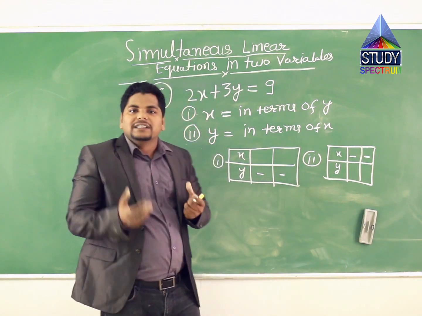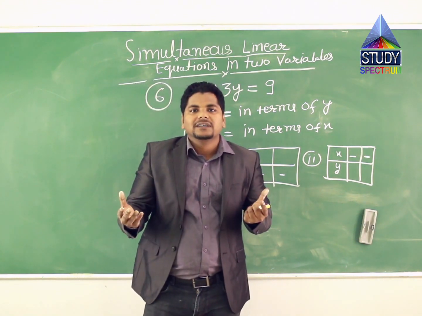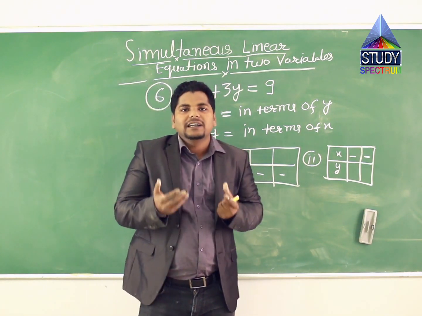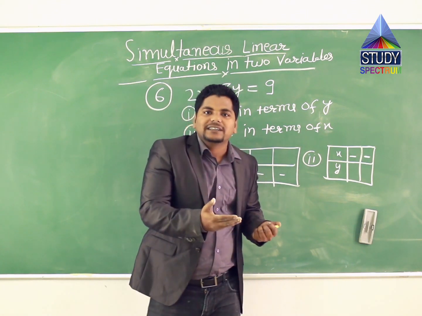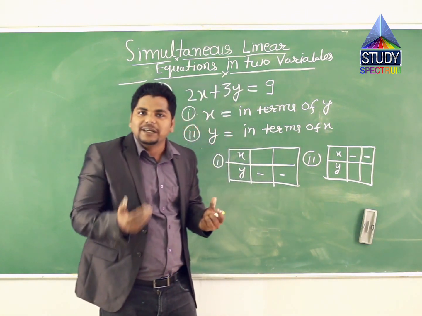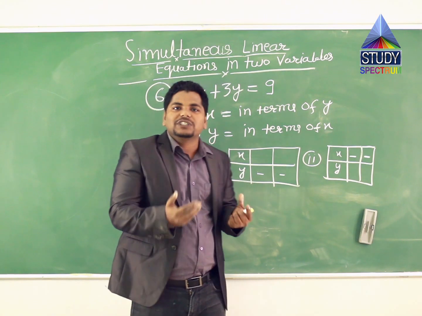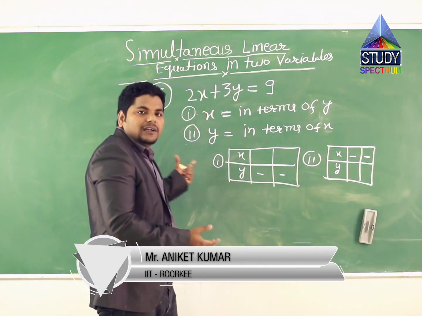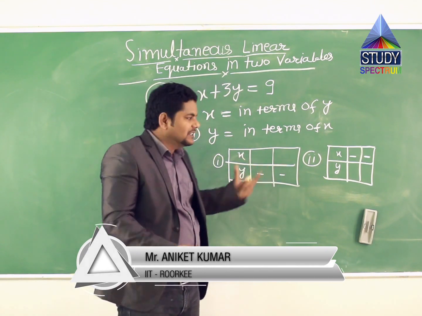So in this method, to get 2 points, once we take x equal to 0 and we get y corresponding to that x, and for getting the second point we put y equal to 0 and we get x corresponding to that y.